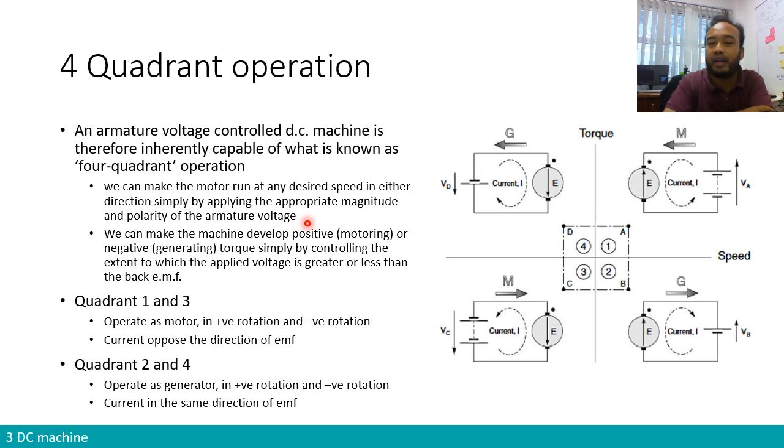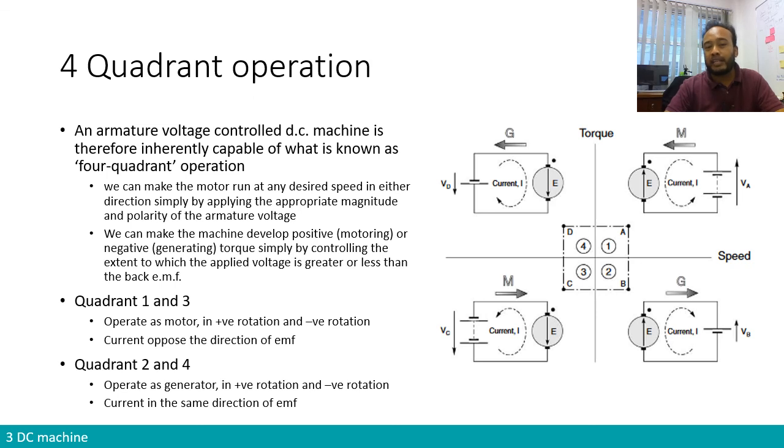If you want to verify whether your machine is operating as motor or generator, you just have to look at the direction of current and compare it with the direction of back EMF, because in motor the current goes into the armature, so back EMF is in opposite direction to the current. But in generator, the current goes from the armature to the power supply, so the current is in the same direction as the back EMF.